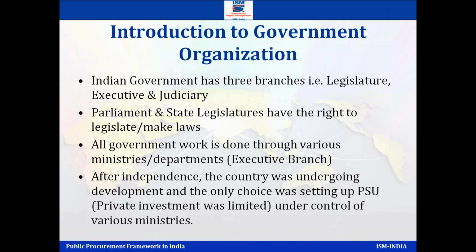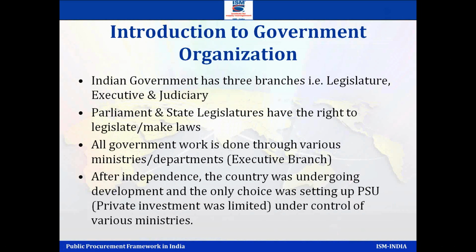All government work is done through various ministries and departments. The people who are placing orders, buying resources, and outsourcing functions are the executive branch. If you look back after independence, we didn't have much industry, whether we talk of Hindustan Steel or airlines.